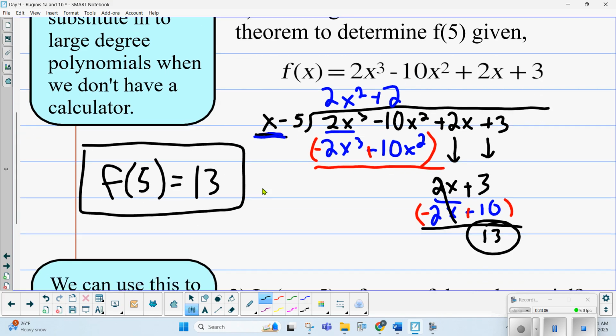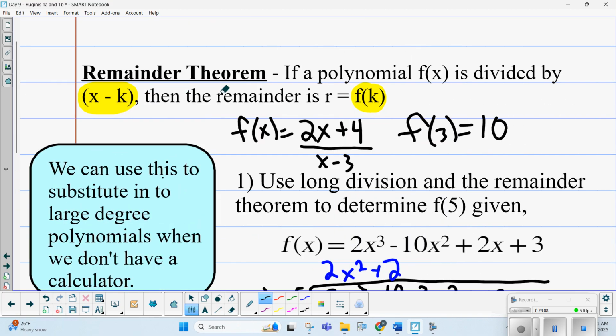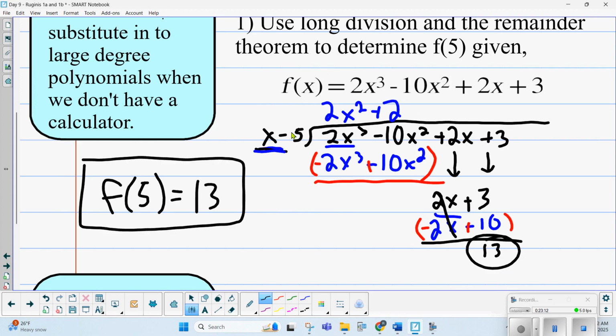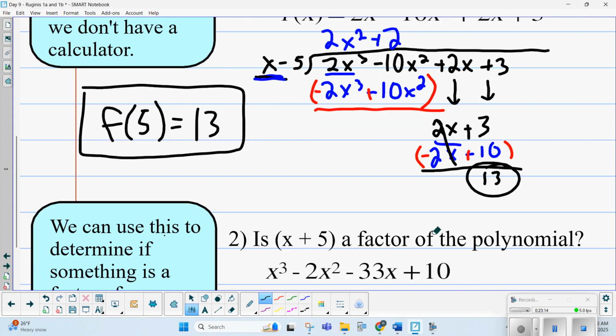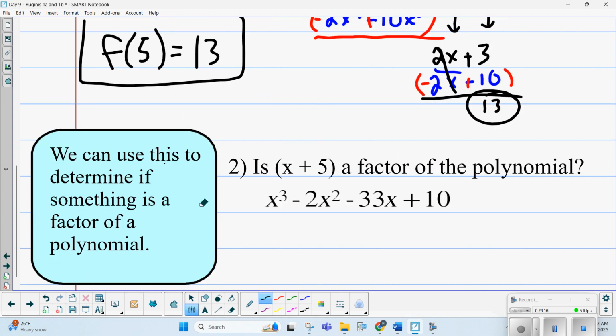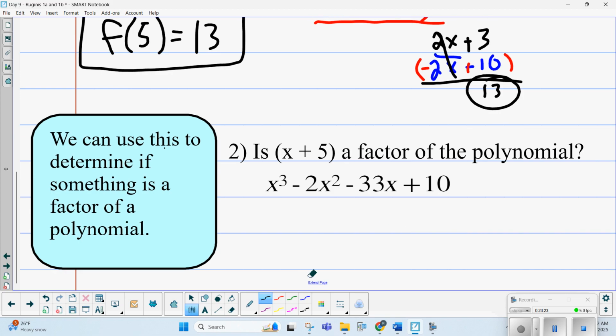All right. Where the remainder theorem is going to be most useful is when we're trying to figure out if something is a factor. So we can use the remainder theorem to determine if something is a factor of a polynomial. And basically the big idea is, if it is a factor, when we divide, we should have no remainder.